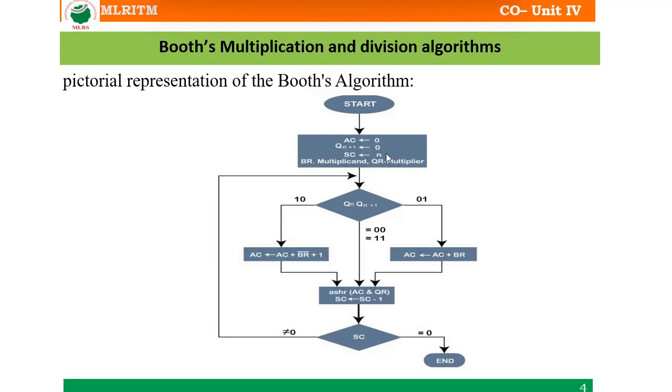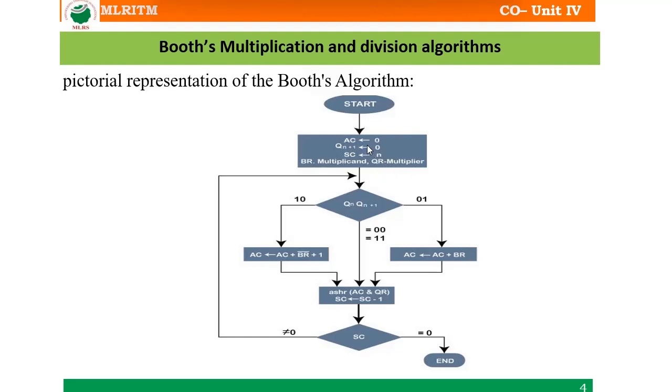We take the number of bits in the multiplicand or multiplier as the sequence counter value. So n indicates the number of bits. For example, if the multiplier contains 4 bits, 0 1 0 1, then the sequence counter is initialized with n, that is 4. n means the total number of bits available in the multiplier.